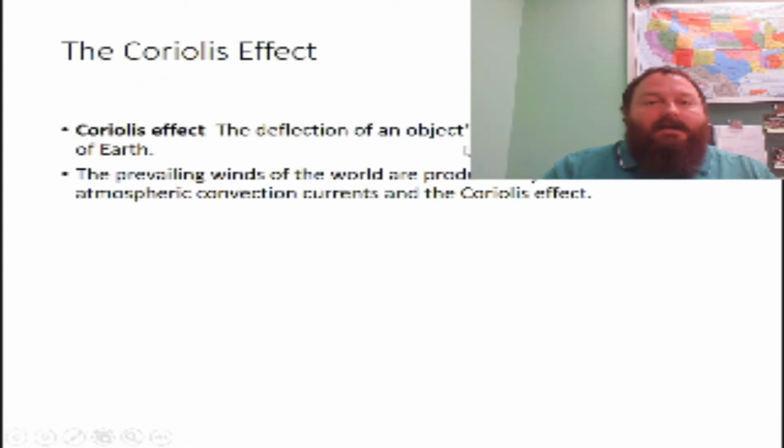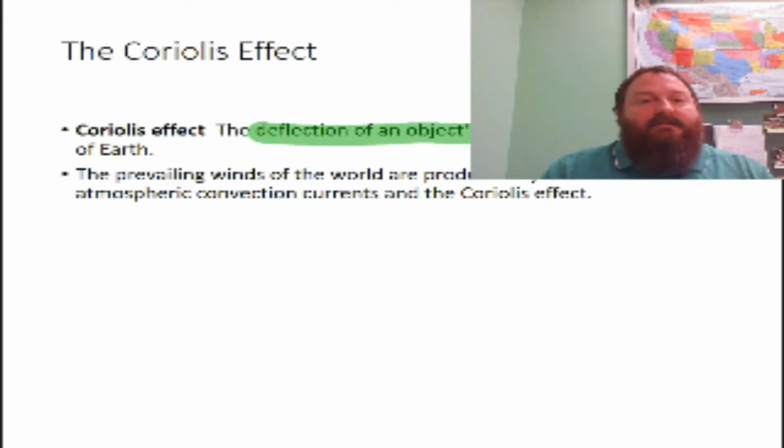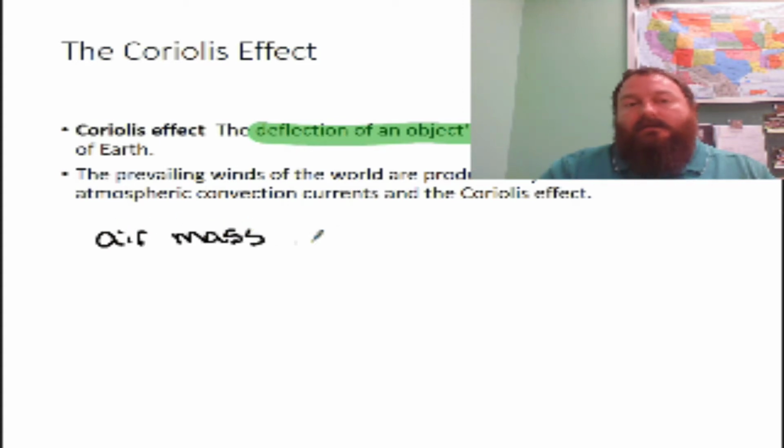So when I look back here, since the Earth is rotating, the object we're moving is going to be deflected. Air still has mass, it doesn't have much, but it has mass, so it's affected by gravity.